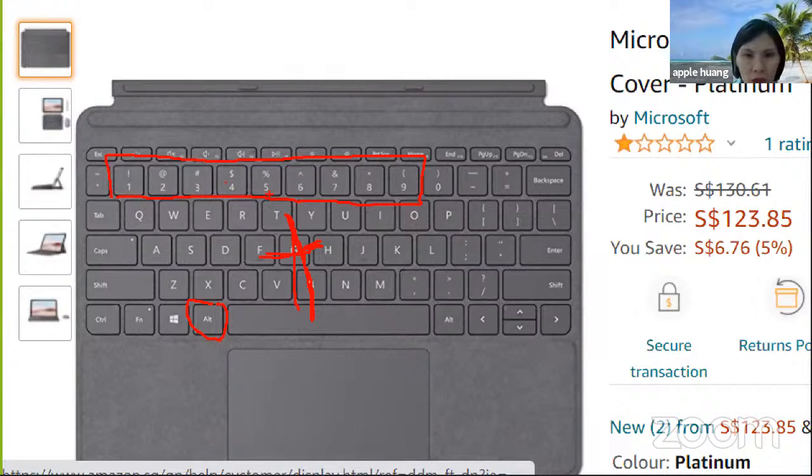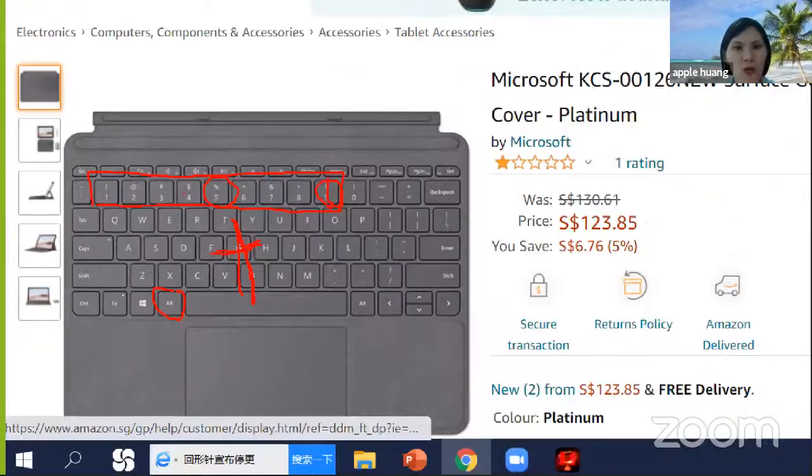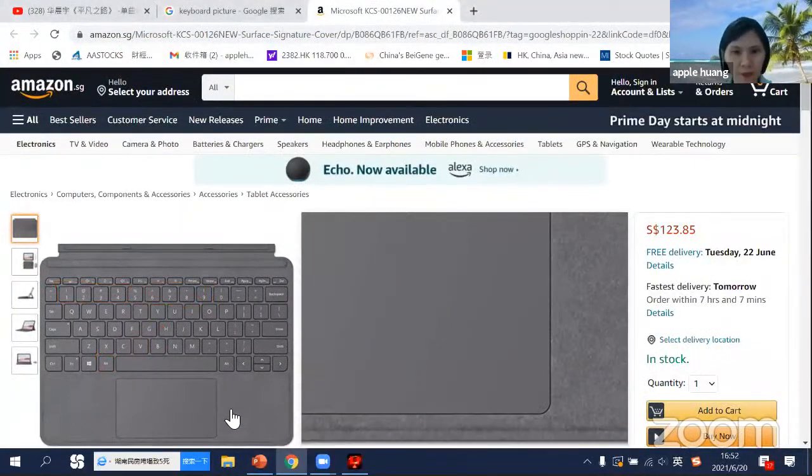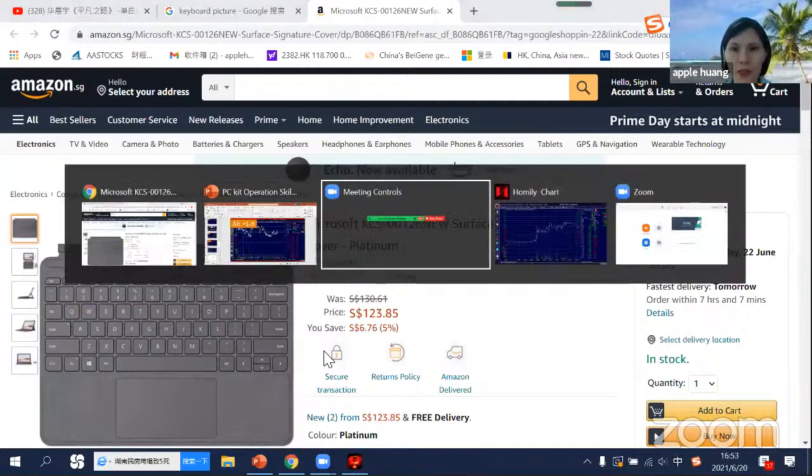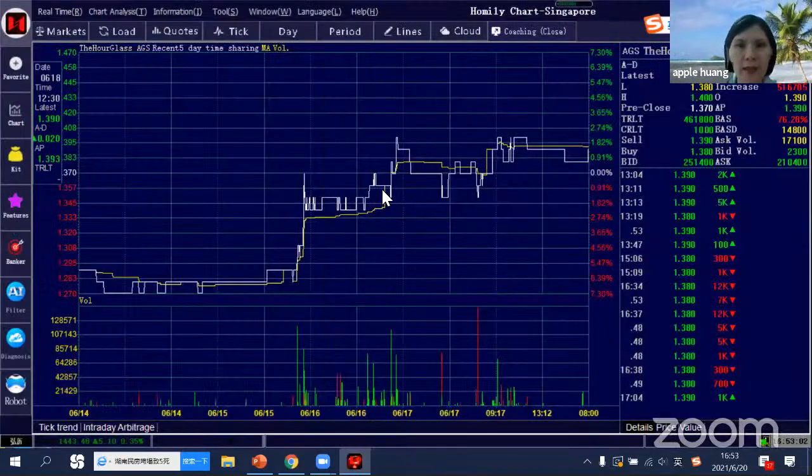If you want 5 days, you press 5. If you want 9 days, you press 9. That is how I get this chart.